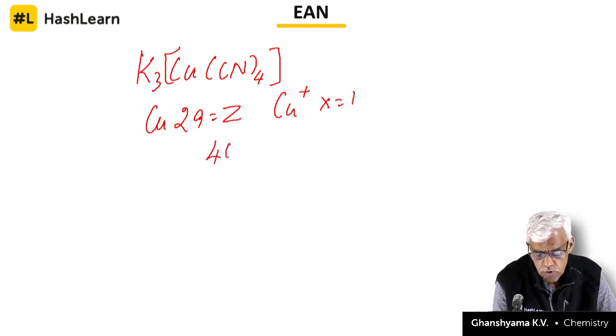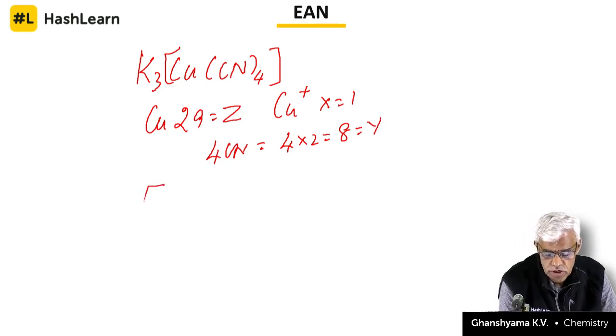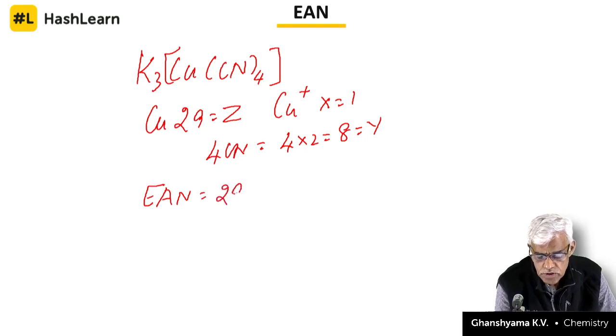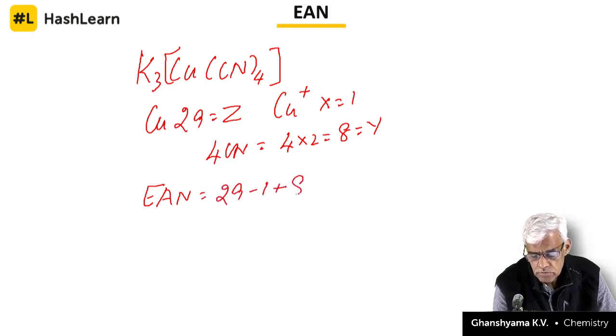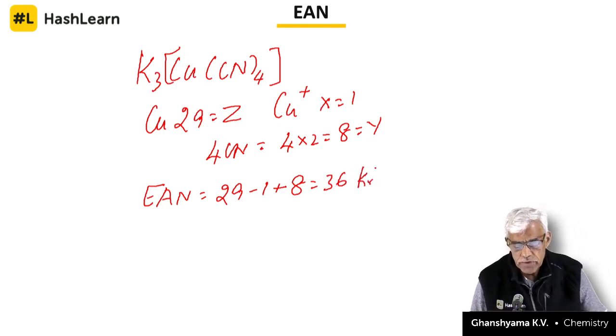There are 4 cyanides, therefore 4 into 2 is equal to 8, that is Y. Therefore EAN is equal to 29 minus 1 plus 8, again 36, the atomic number of krypton.